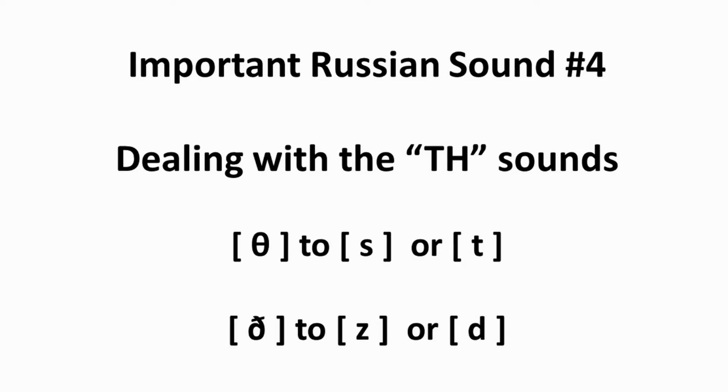Important Russian sound number 4, dealing with the TH sounds. The TH sounds, both the voiced and the unvoiced, are pronounced differently in Russian. When I say voiced and unvoiced, phonetically what I mean is your tongue is doing the exact same thing. It's just that you're producing sound on one, but not the other.